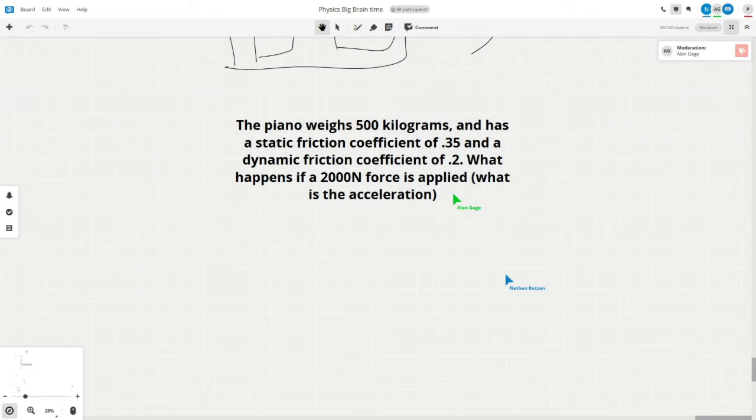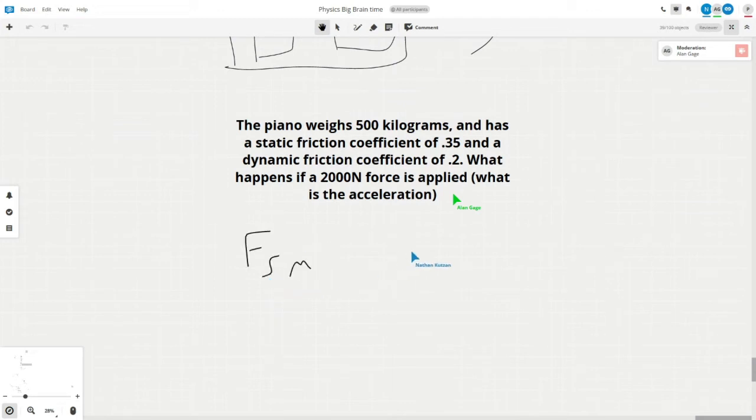Then you multiply that by 0.35 to get the maximum static friction force, which is 1,750 newtons. Because our 2,000 Newton force is greater than that, we know that it will move, and then we need to find the dynamic friction force, which you find by doing the same thing again, but multiplying by 0.2 instead.